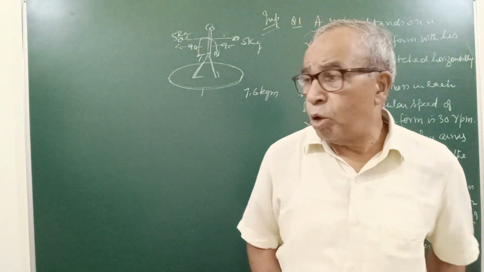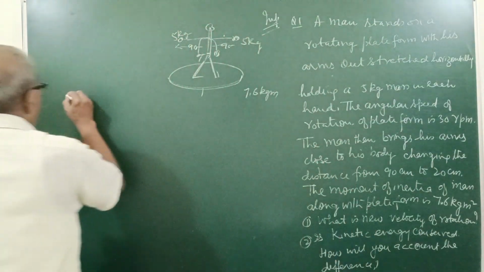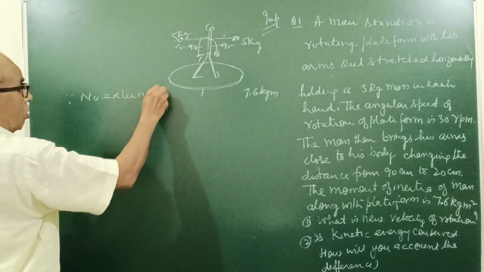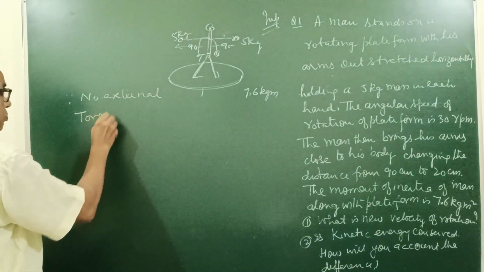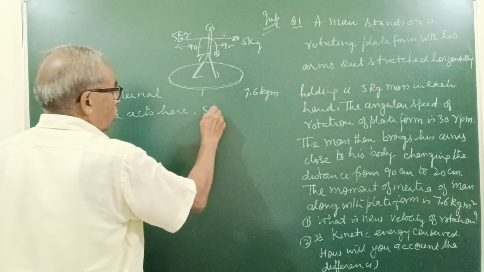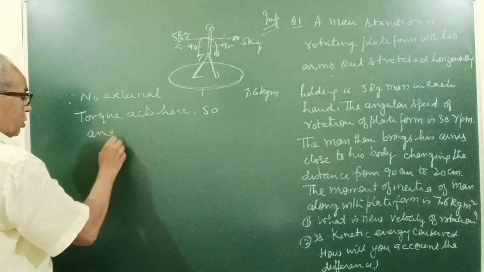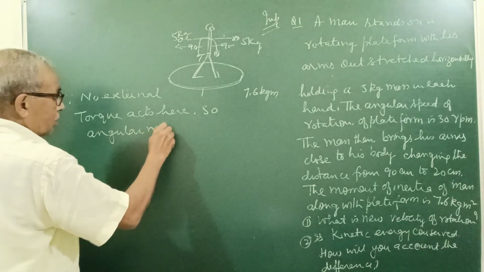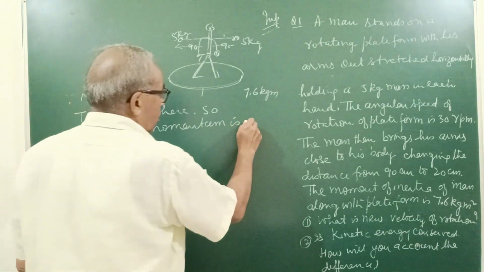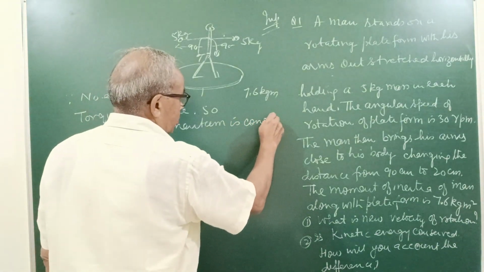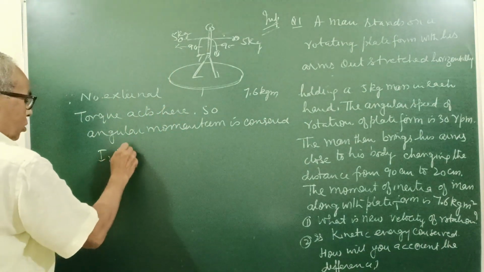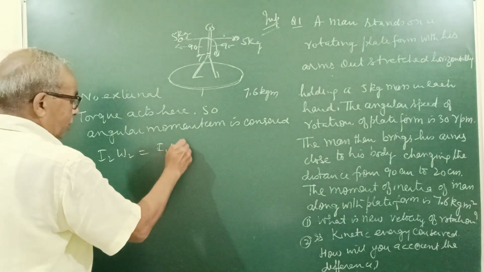If no external torque acts here, so angular momentum is conserved. The first thing is that angular momentum is conserved. That is, I2 omega 2 equals I1 omega 1.